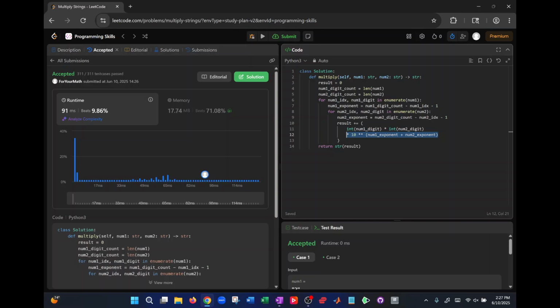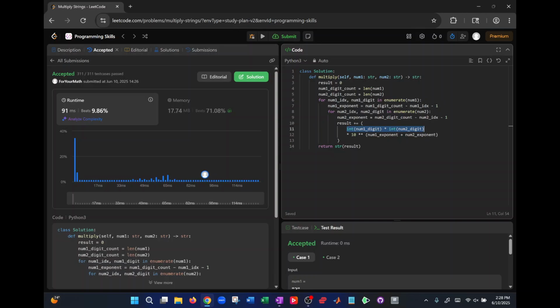And so if we think about what we're really doing here, the reason that we're multiplying by 10 is to get the digits to be in the right place within the result. So basically, to take the value that we're getting here by multiplying the two digits together and make sure that the product of the digits is in the correct digit within the result.